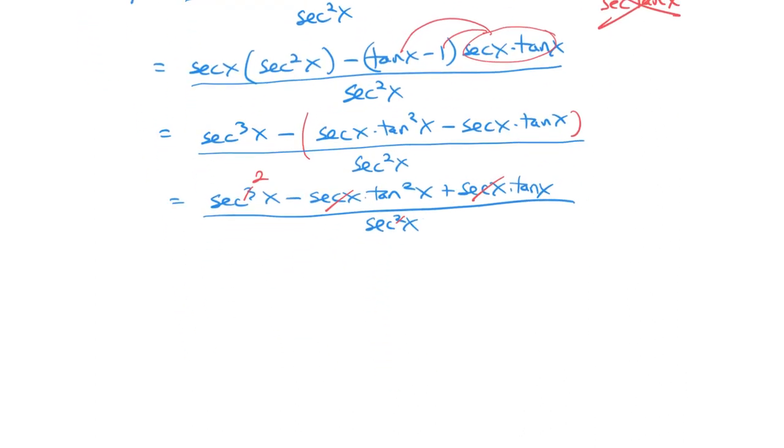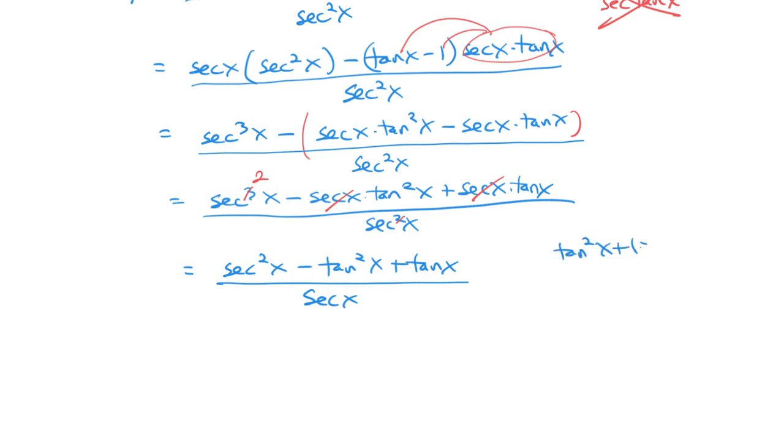And that's one that I had mentioned. You may have done that ahead of time. Okay, so some of you would have canceled this ahead of time. Secant cubed, minus tangent squared x plus tangent x, all over secant x. And then you might even notice one more thing. Pythagorean identity: tangent squared x plus 1 equals secant squared x.